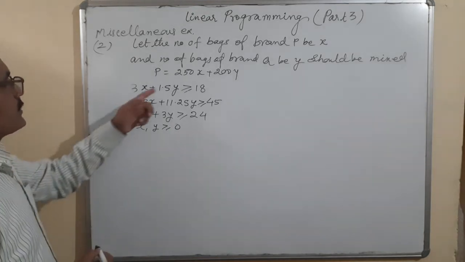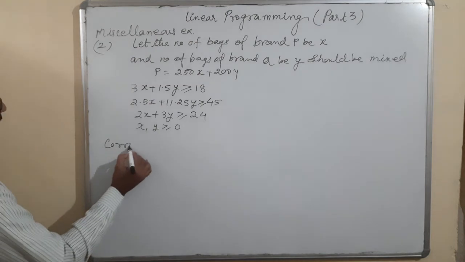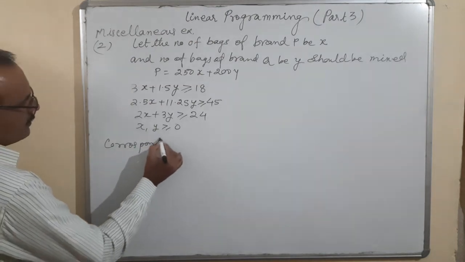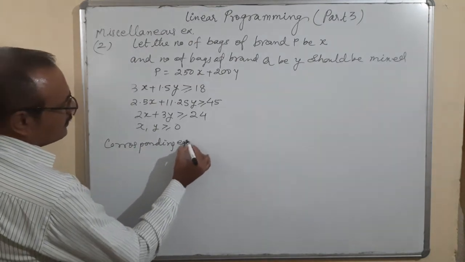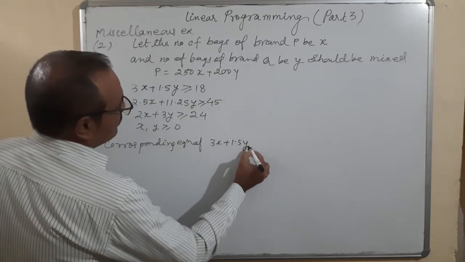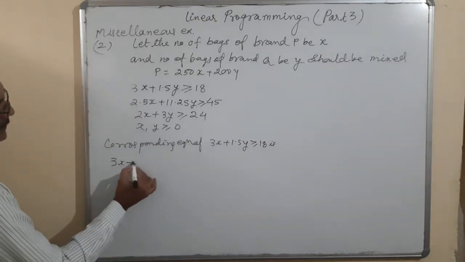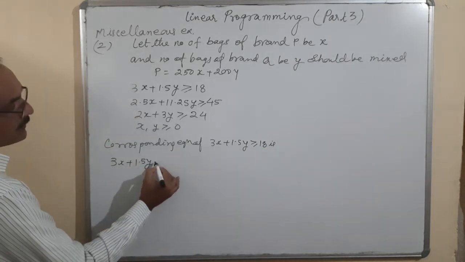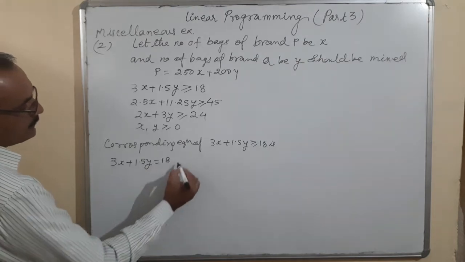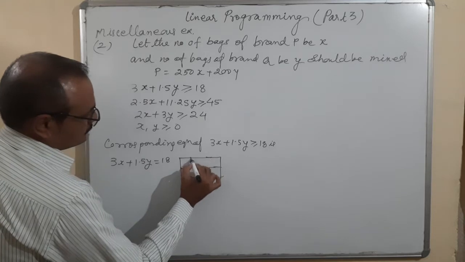So let us start from here. The corresponding equation of 3x plus 1.5y greater or equal to 18 is 3x plus 1.5y equals 18. Let us find two solutions.